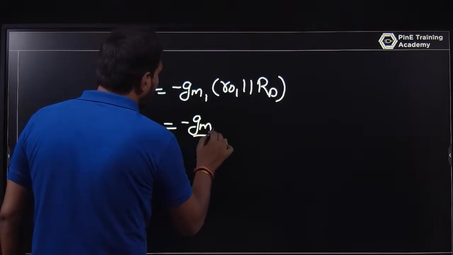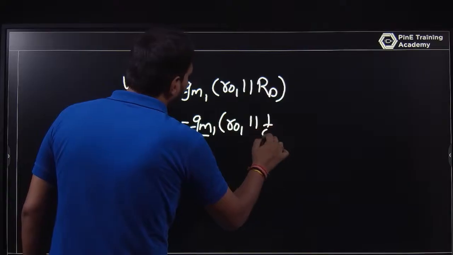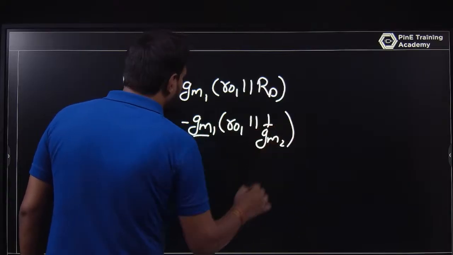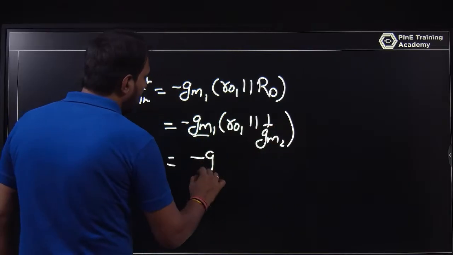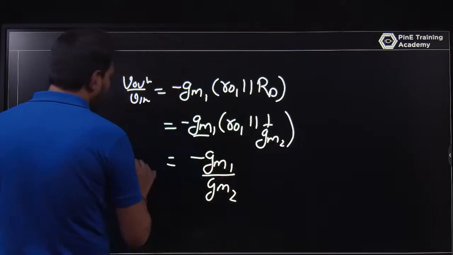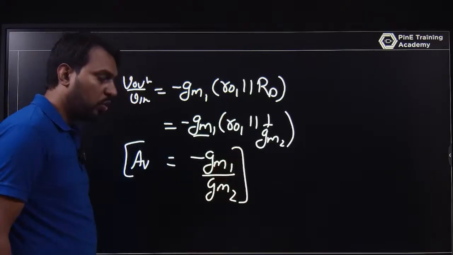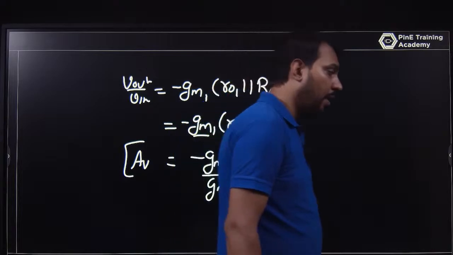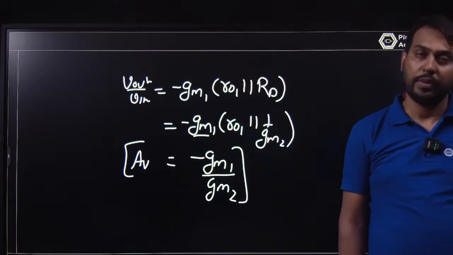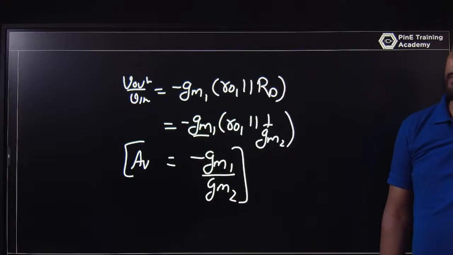So this is minus GM1 times R naught 1 parallel of 1 by GM2, and this becomes minus GM1 upon GM2. This is the gain of a common source amplifier with a diode based load. If you have a diode as a load, the gain is minus GM1 upon GM2.